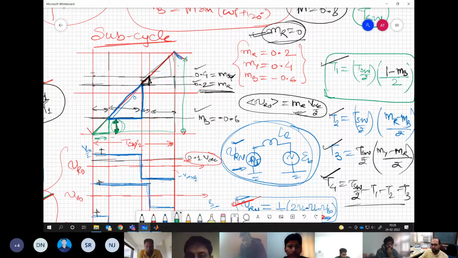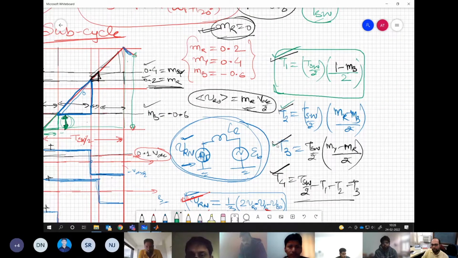This is how you can compute the different intervals T1, T2, T3, T4 and so on. T4 is basically whatever is remaining from Ts by 2, or you can just see from here how much it is coming. You understand my point? Clear, right? There is no confusion in this.